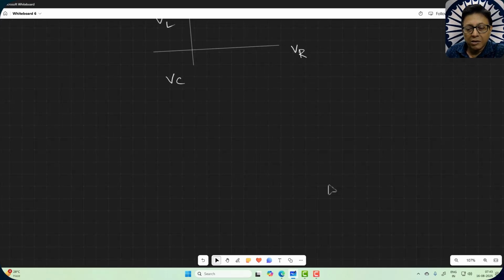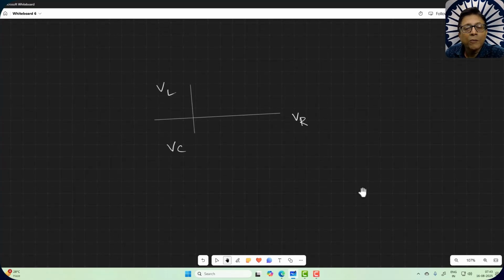And the resultant of VL and VC will be along the y-axis only. That we have taken as VL minus VC, and this one is VR.